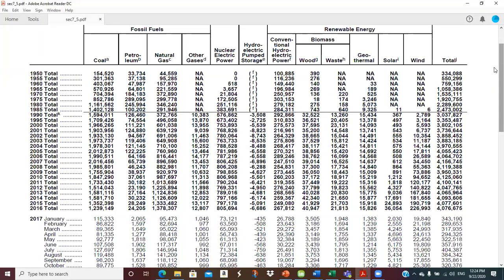But look how big that number is, my goodness. Compared to, there's biomass, you know, sawmills have wood chips and the paper industry and all that stuff. They burn a bunch of wood and wood waste. Geothermal, you know, you can tap into Old Faithful, something like that.